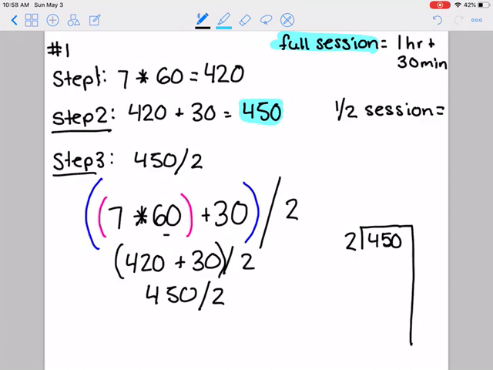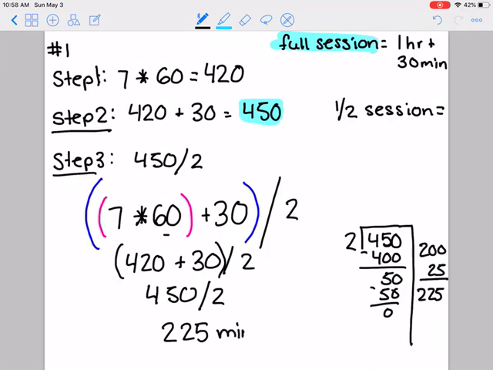I know that 4 times 200 is 400, and I'm left with 50. And I know that 2 times 25 is 50, so I have no remainder, and my answer is 225 minutes is a half session at the skating rink.